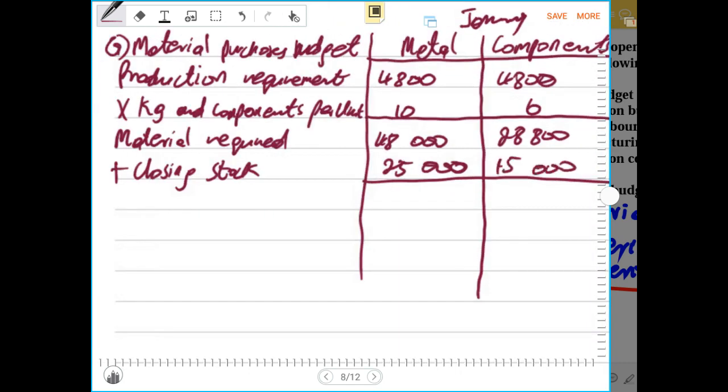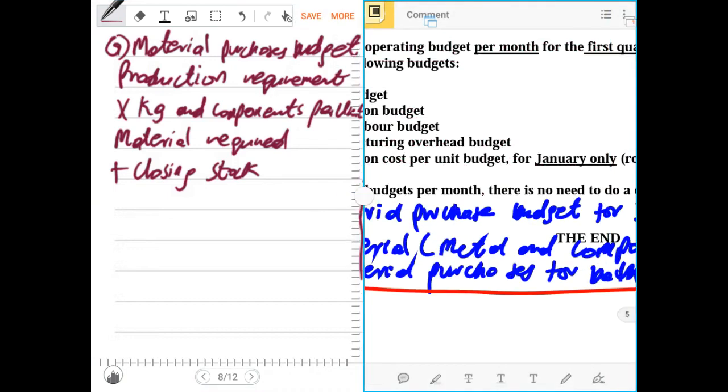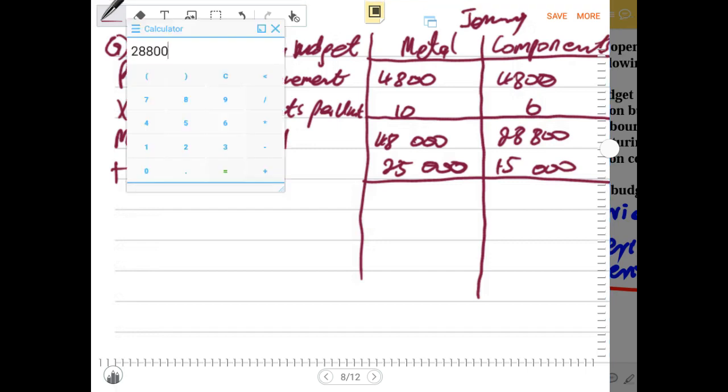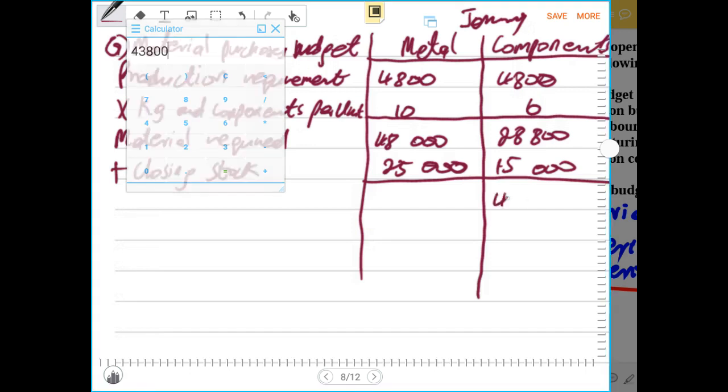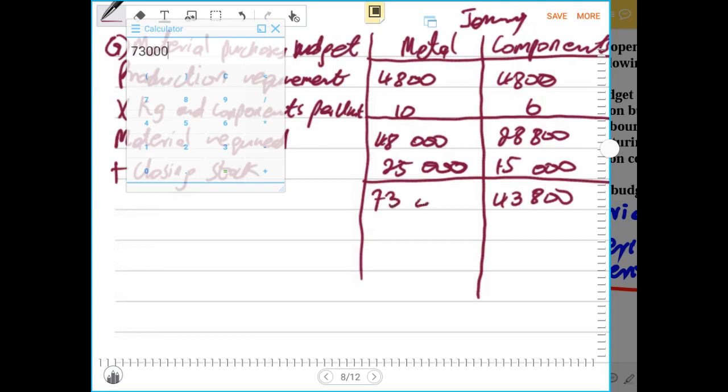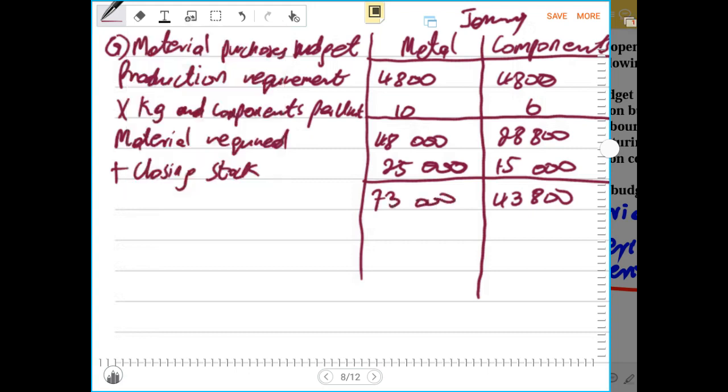Then we add the two, and that will give us total material required: 28,800 plus 15,000 will give us 43,800. Therefore now we say 48,000 plus 25,000, this will give us 73,000 kgs of metal that are needed.